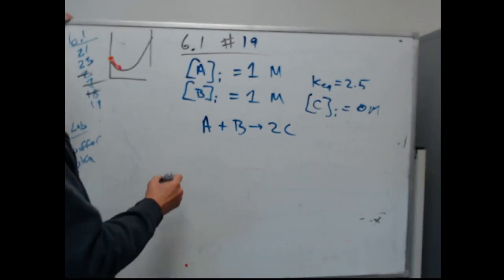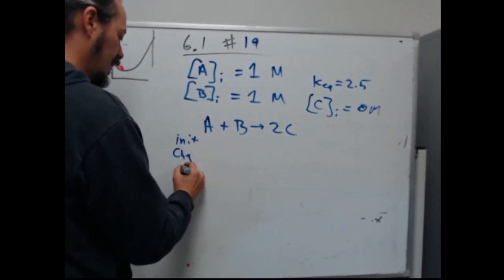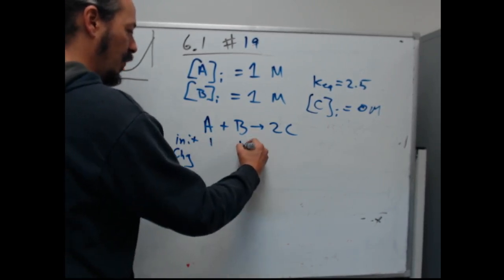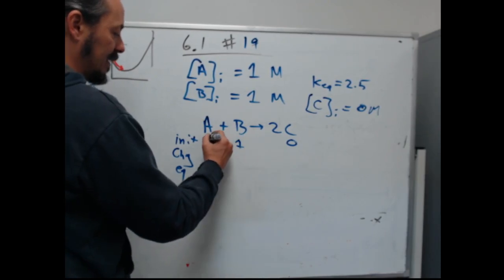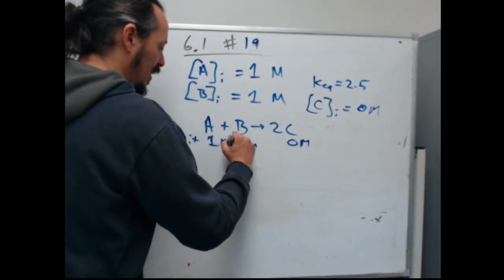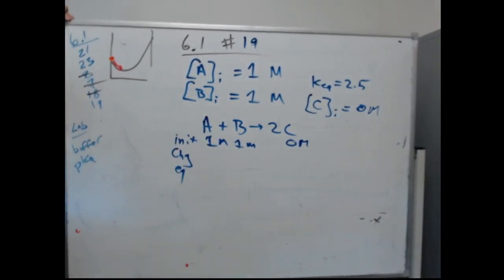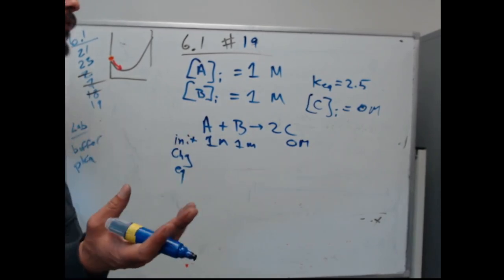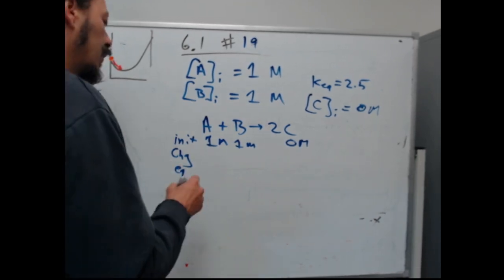So in that situation, I'm going to have 1, 1, 0. I should put labels of molarity on there. Molarity, molarity, molarity. My Q is 0, so even if my KEQ is really small, I'm still going to go towards products. Here, my KEQ is not that small. I'm still going to go towards products.